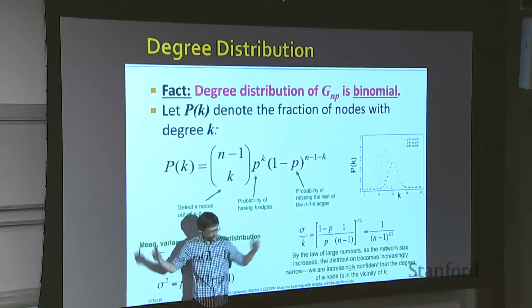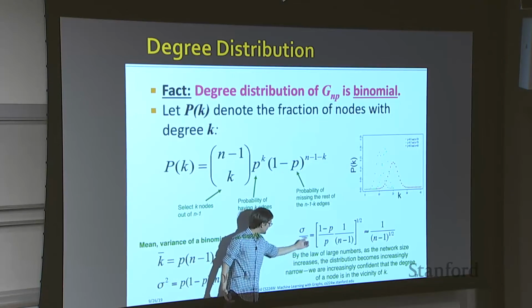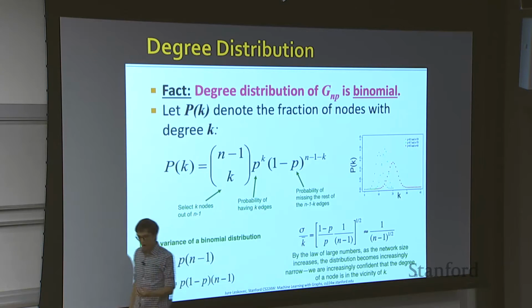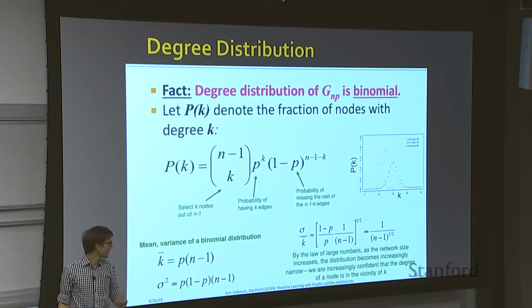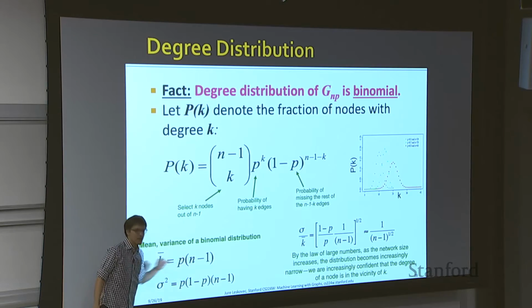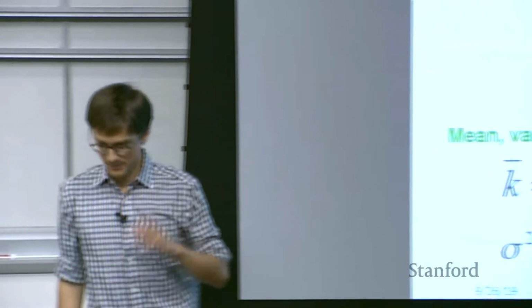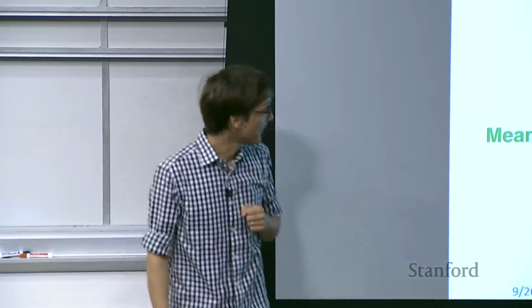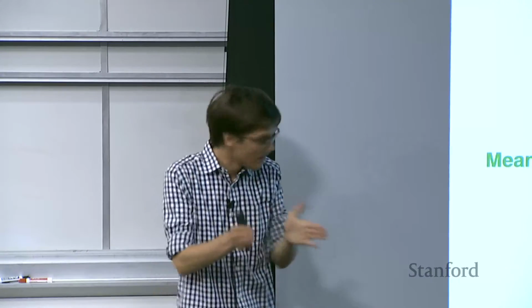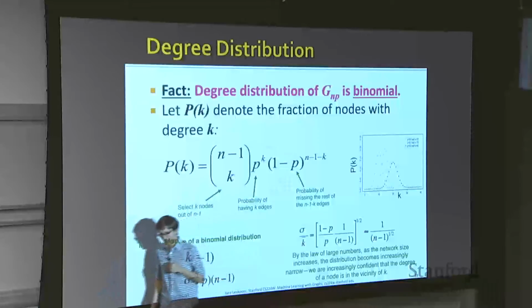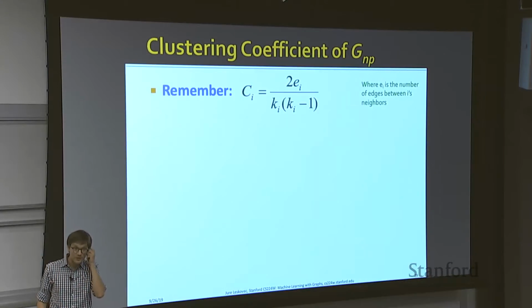If you think of the graph size as infinite, all the nodes have the same degree, the average degree k bar, which is p times n minus 1. So in the limit, everyone will have the same degree, because the variance gets smaller and smaller. That's the first property.